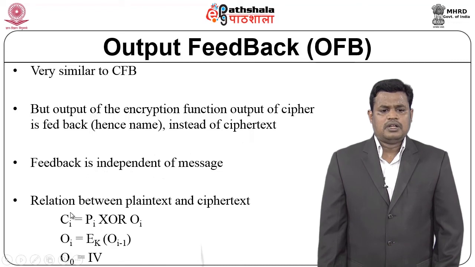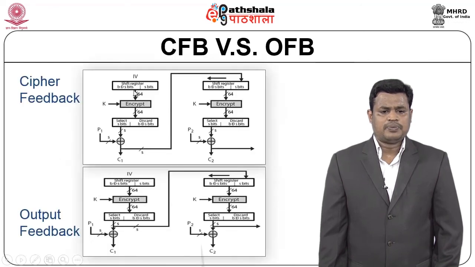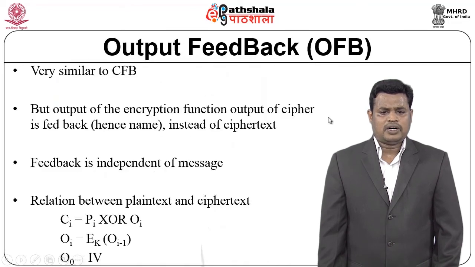The relation between plaintext and ciphertext is Ci = Pi XOR Oi, where Oi is the encrypted O(i-1). The initial vector, 64 bit, is encrypted with a key, and instead of ciphertext we take the cipher output as the feedback.